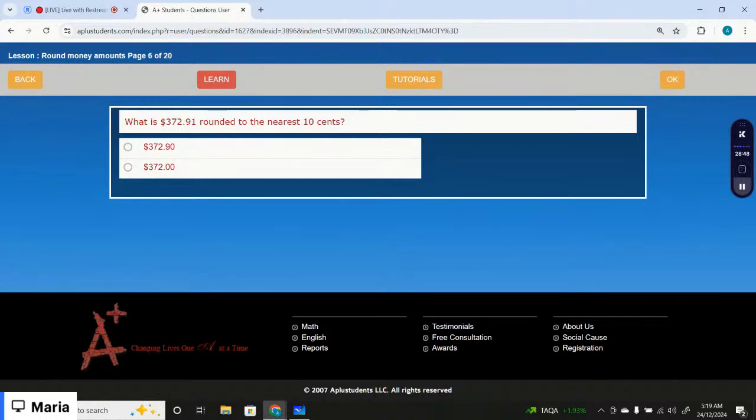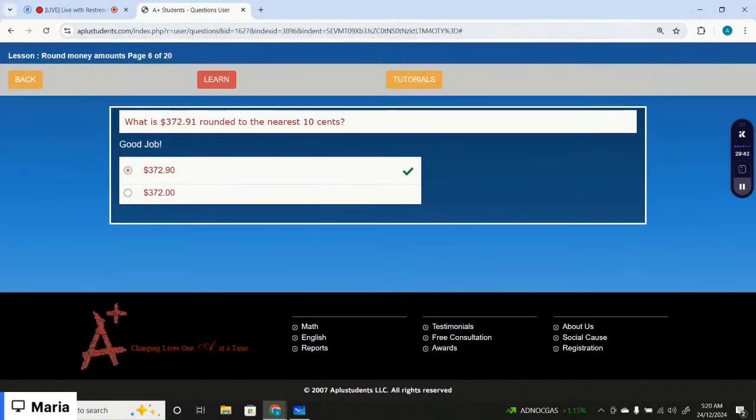What is 372.91 rounded to the nearest 10 cents, which is the correct option? The correct option is 372.90.